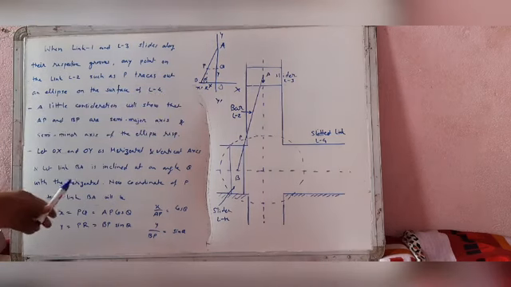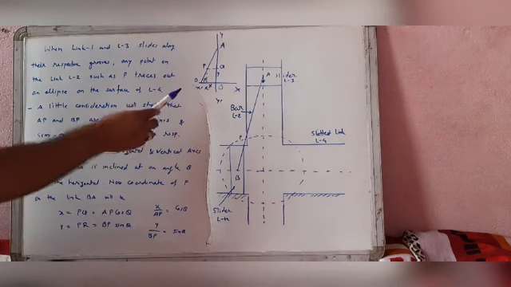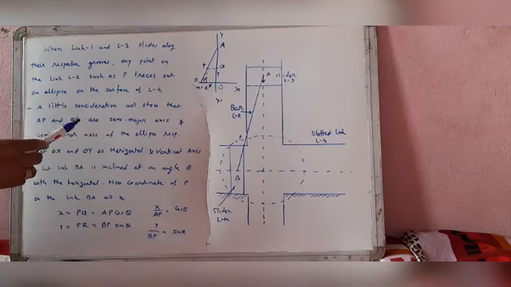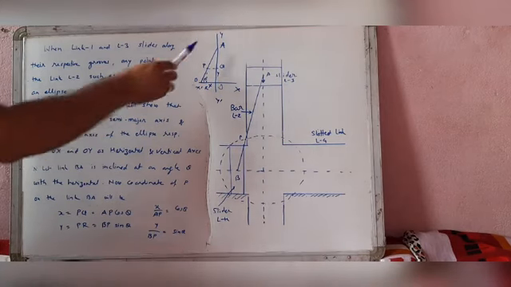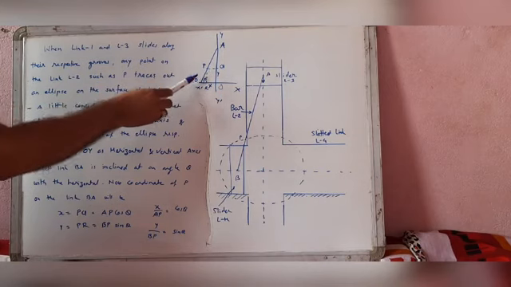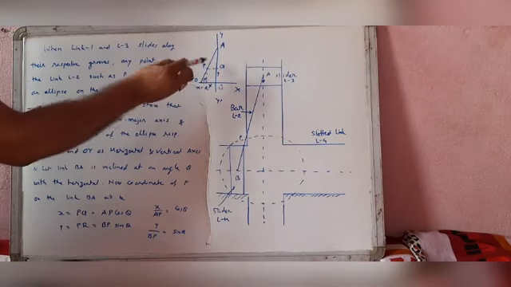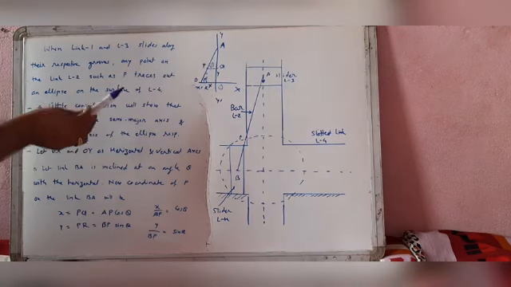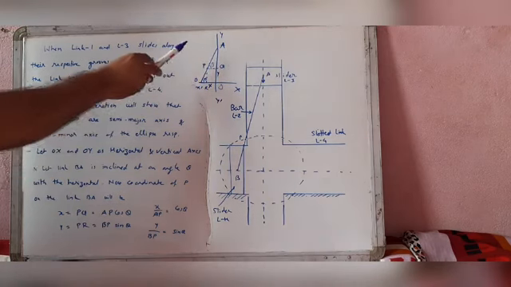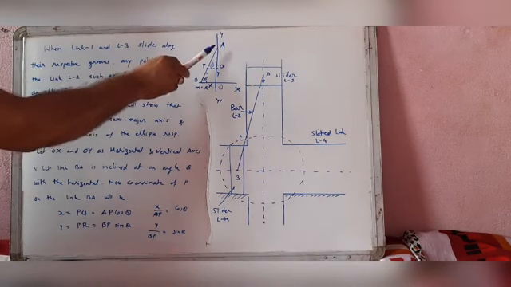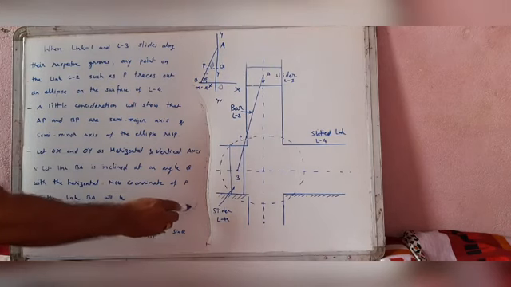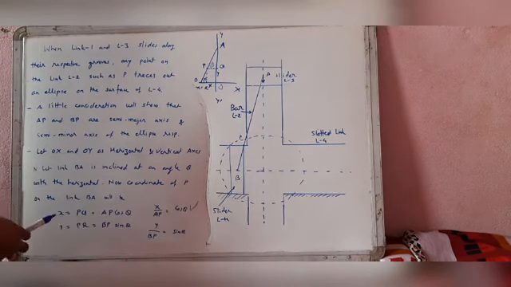Now, coordinates of P. x is equal to PQ, and PQ is equal to AP cos theta. This is angle theta, and this is also angle theta, so x can be replaced by AP cos theta, or x by AP equals cos theta.